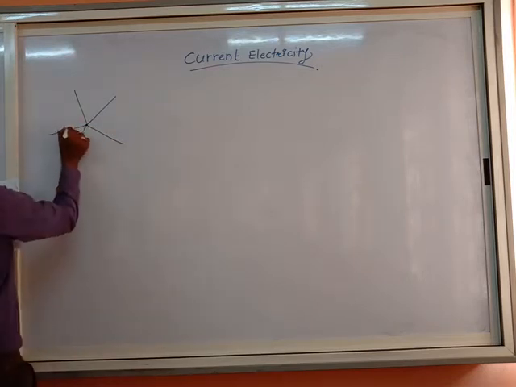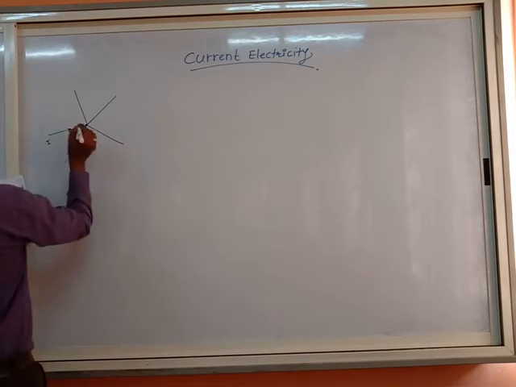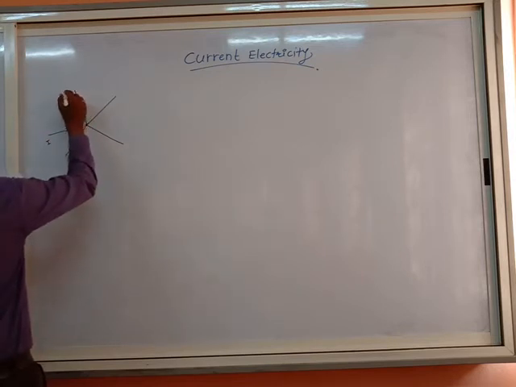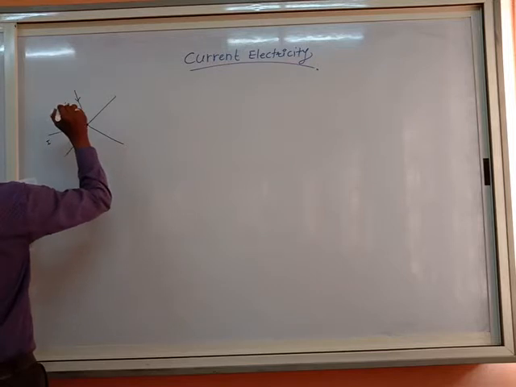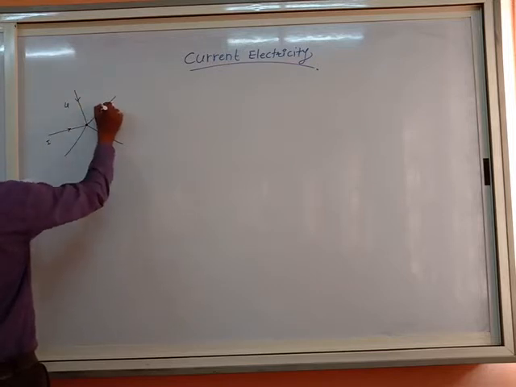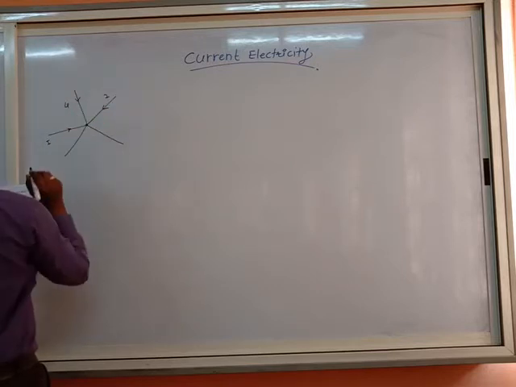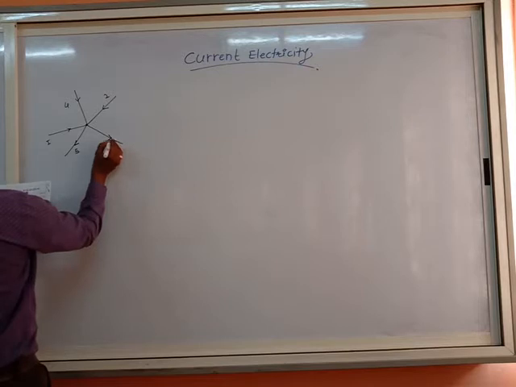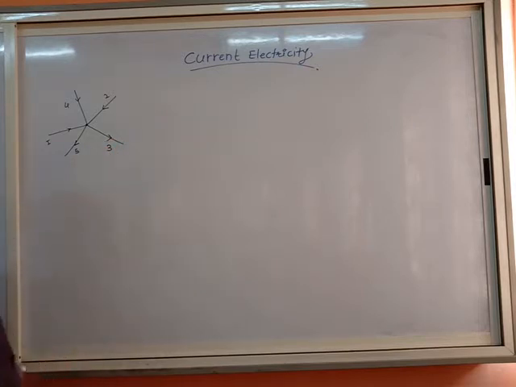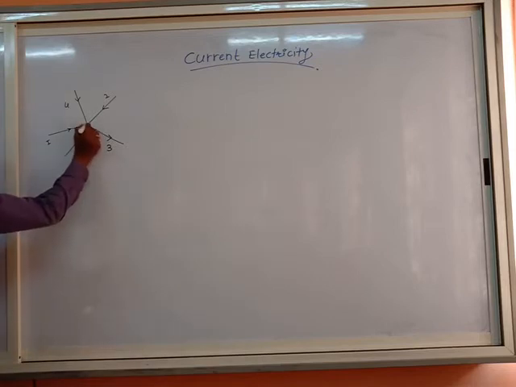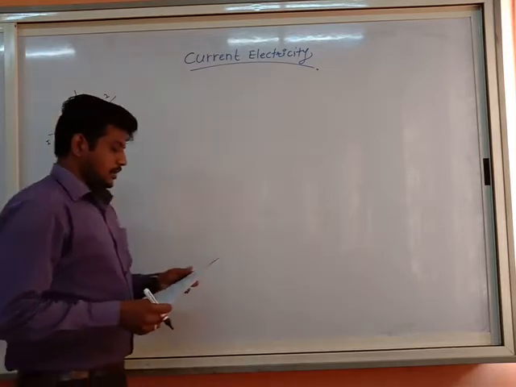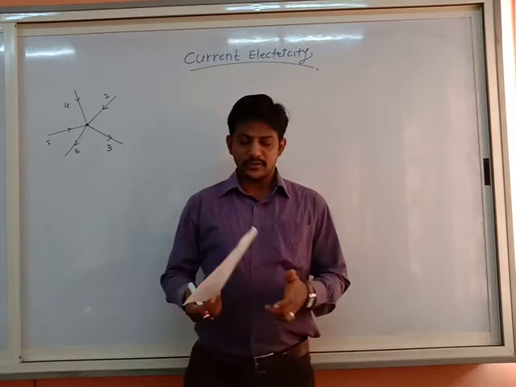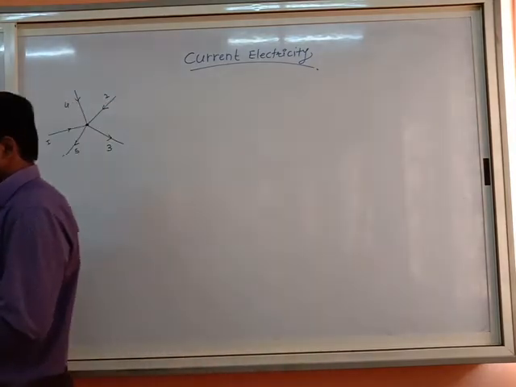This current is I, this current is 4, this current is 2, this current is 5, and the current through this particular wire is 3. Such a type of figure is given to you. What is the value of I passing through the particular network?